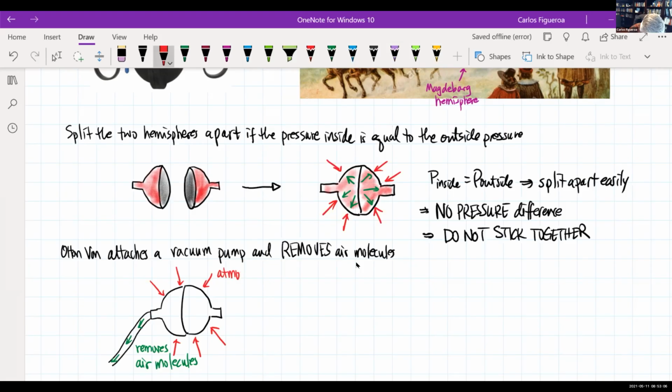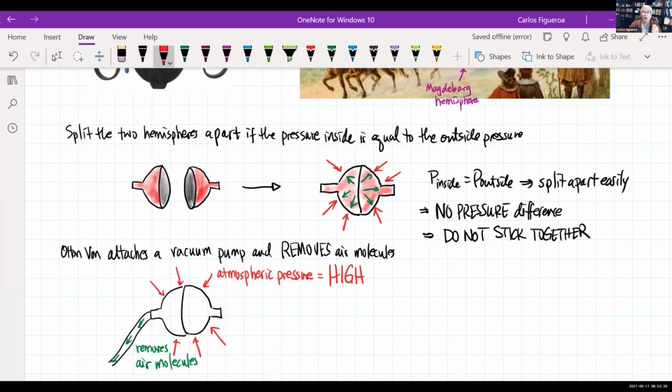Atmospheric pressure. And remember what I said, atmospheric pressure means that's our high pressure. Okay, that's our high pressure. So if that's our high pressure, what does that do here?